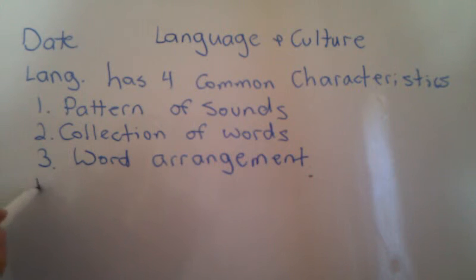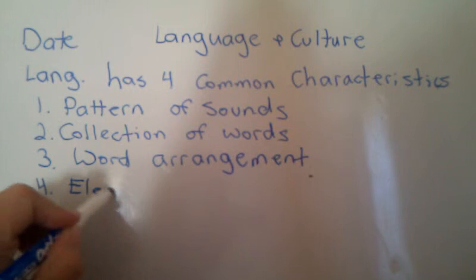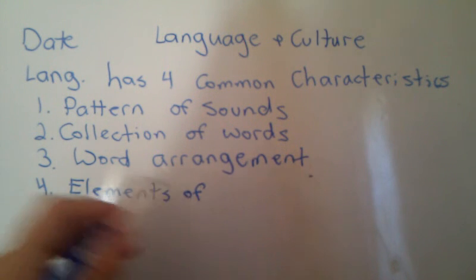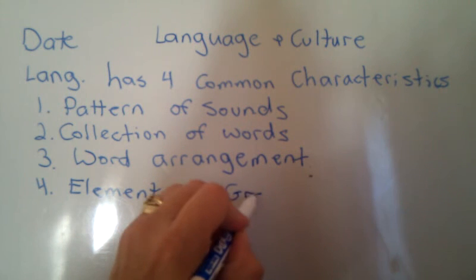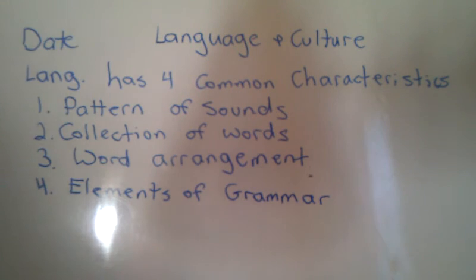And they all have the elements of grammar. These elements include syntax or meaningful order, morphology or variations of words to show how they serve in a sentence. Example, he gave the ball to me. I gave the ball to him. The change in form gives meaning to the pronouns he and him and I and me.